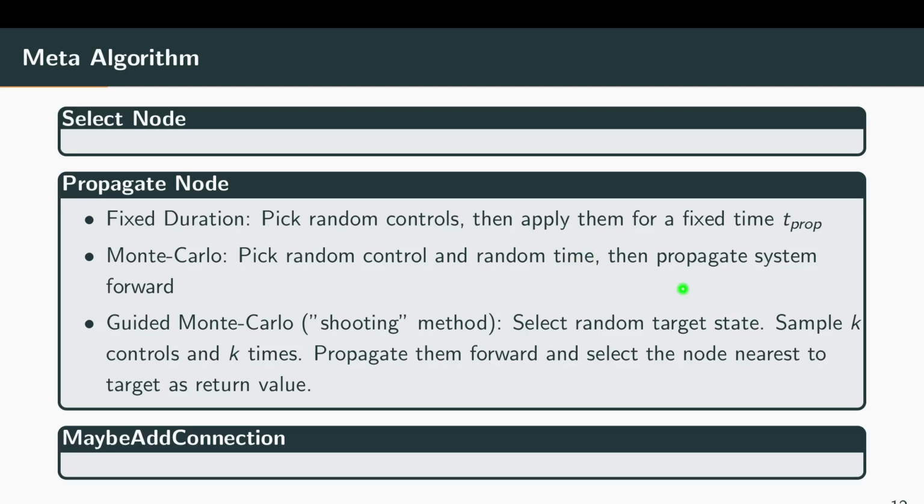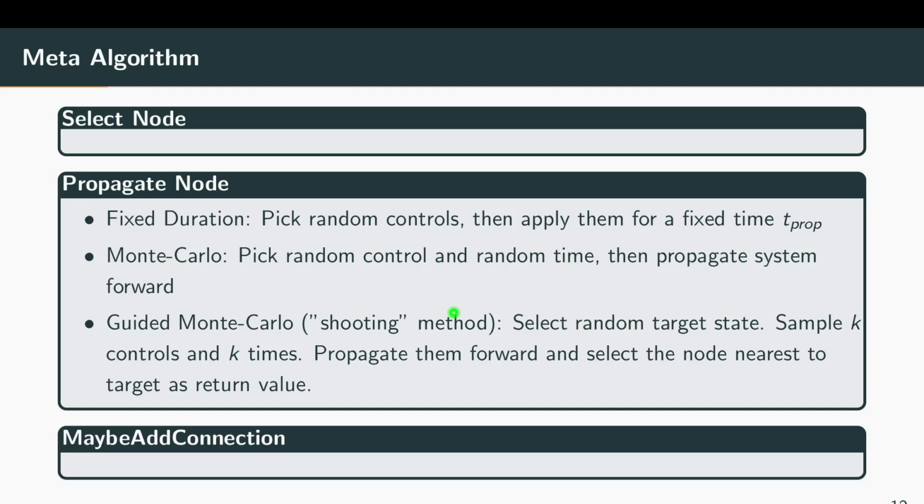There could be also a variant where for all the fixed little time steps, we randomly pick different controls. So we do a little rollout similar to a Monte Carlo tree search. And then there's more of a shooting method or a guided Monte Carlo tree search method.